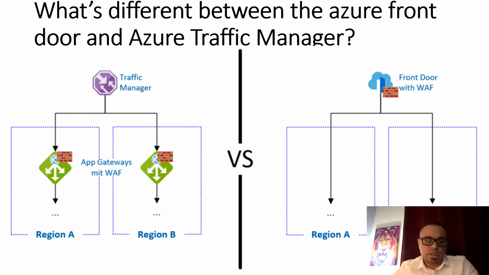Also for caching, Azure Front Door caches static content only. If you have static content, we can cache it in Azure Front Door, but is a caching mechanism available in Traffic Manager?